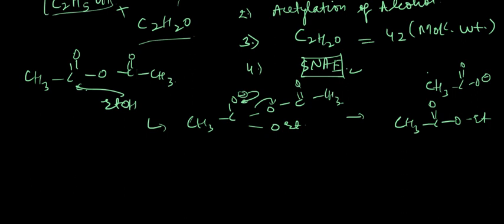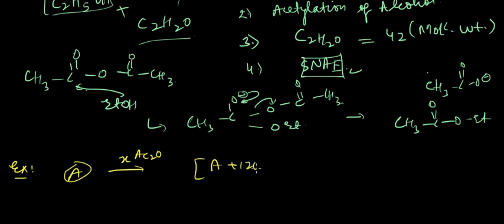Okay, let's take another example. Suppose a compound A reacts with X moles of Ac2O, and we get a molecular weight of A plus 126, so you have to determine the value of X. In acetylation of alcohol, molecular weight increases by 42, and if you multiply it by 3 you get 126.